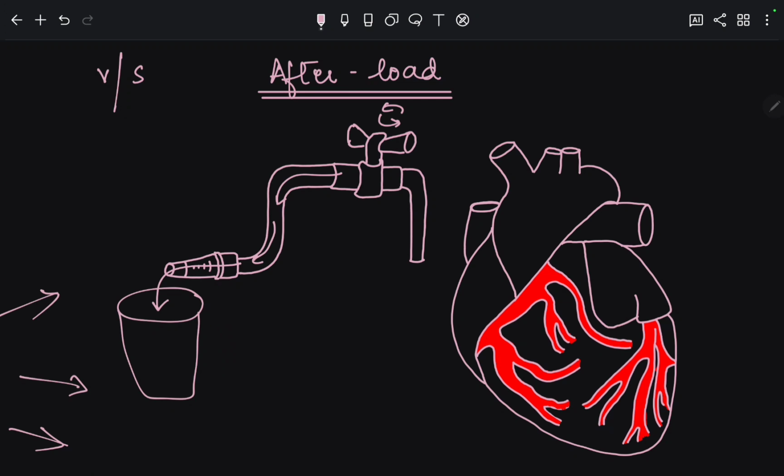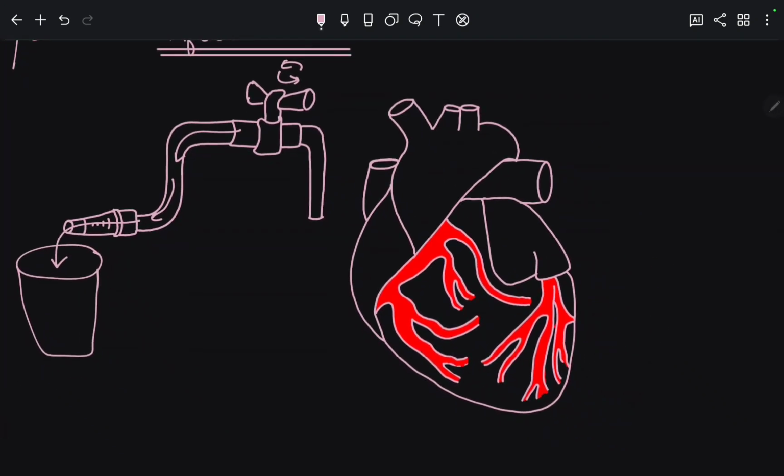Now let's understand afterload from the heart's perspective. The heart has to pump blood into various blood vessels. Let's say there are two different kinds of blood vessels. One is like this, one is like this. Which blood vessel offers greater resistance? Is it this or this? We all know that this blood vessel will offer a greater resistance because the area or the diameter is small.